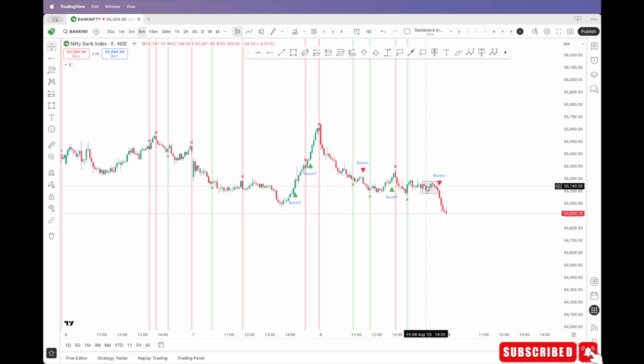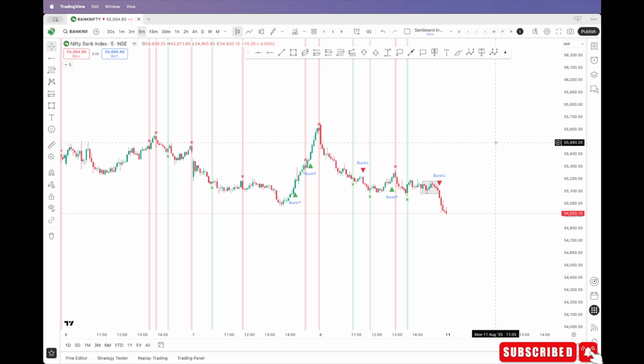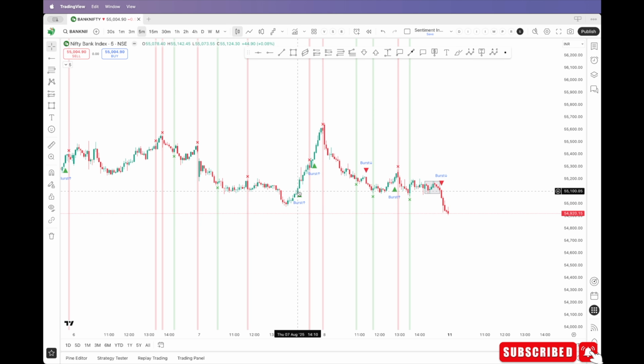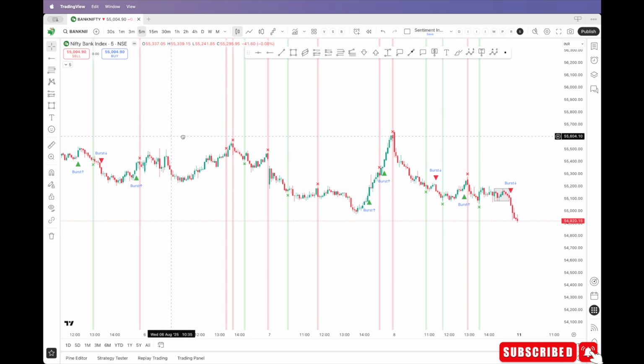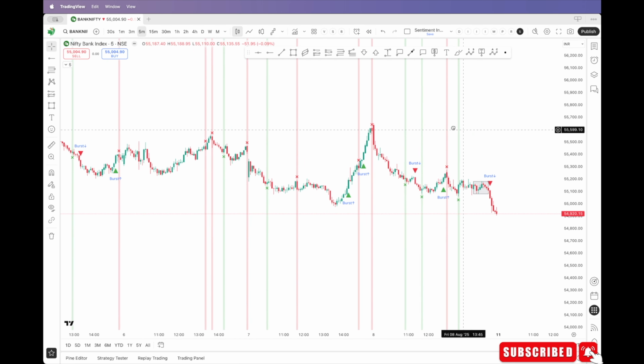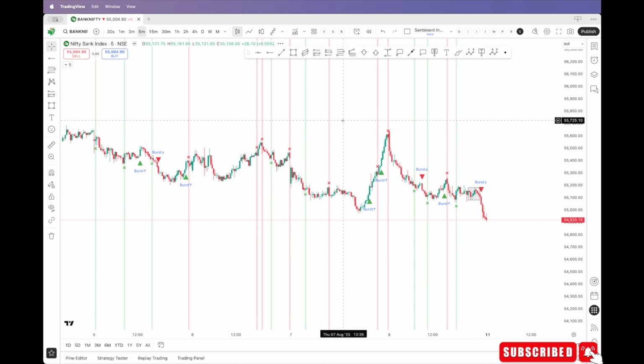So in the last, you can see there was a compression zone, and after that we got a breakout. It was still some points move if we consider, right? 146 points, and similarly here. So you don't need to go with each and every trade. You simply can wait for the signal and exit on these breakout detectors as well.